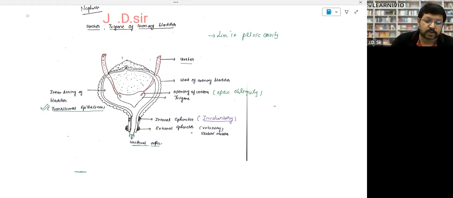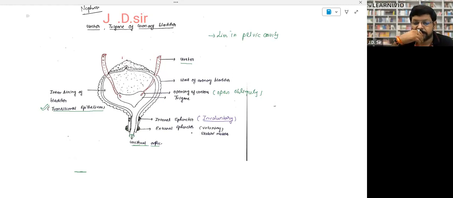Internal sphincter and external sphincter, right? Can you tell me what are the sphincter muscles? Any one of you, both of you. I have a question for both of you. What are the sphincter muscles and what is their function? I have already discussed that in the digestive system, sphincter muscles. Tell me.